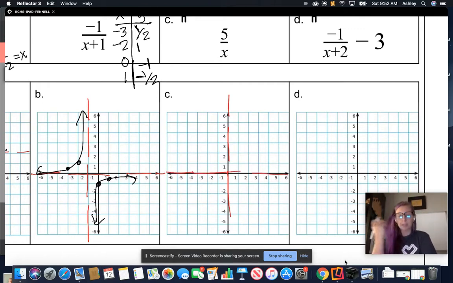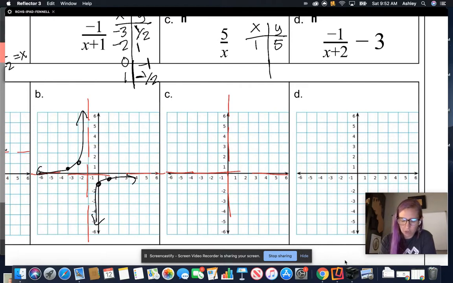And then this factor of 5 is going to, again, push those curves out from the center, that locator point where the asymptotes intersect. All right, so if I plug in 1 for x, then I get 5. If I plug in 2 for x, I get 5 over 2.